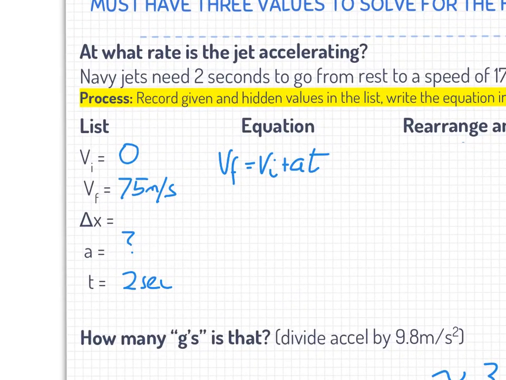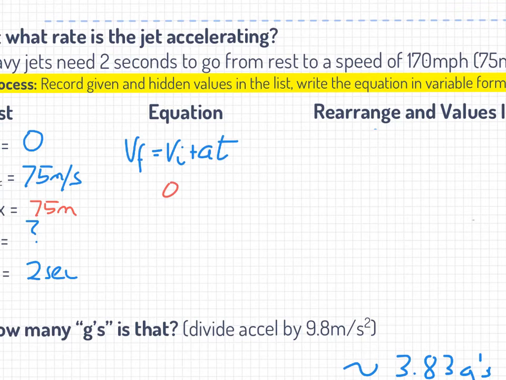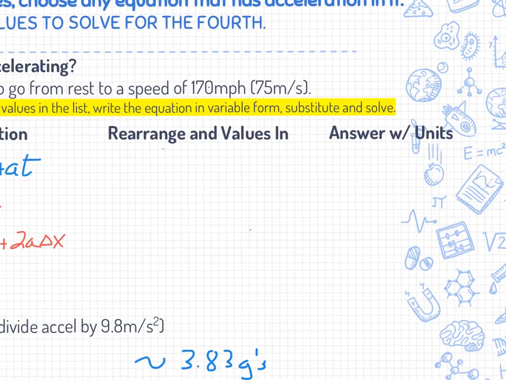If we do use the information previously, and we know that the distance traveled was 75 meters, we can use a different equation. This one is Vf squared is equal to Vi squared plus 2 times the acceleration over the distance traveled instead of the time.